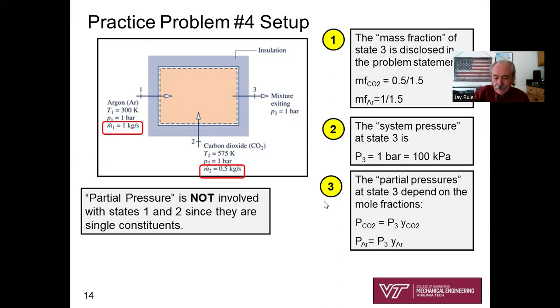Now, if you're asked to find the partial pressures at state 3, is that given? And the answer is no. The partial pressures at state 3 depend on the mole fractions, not the mass fractions.